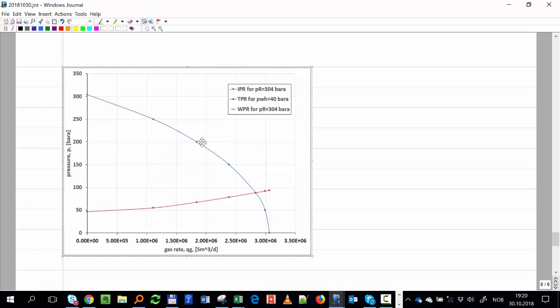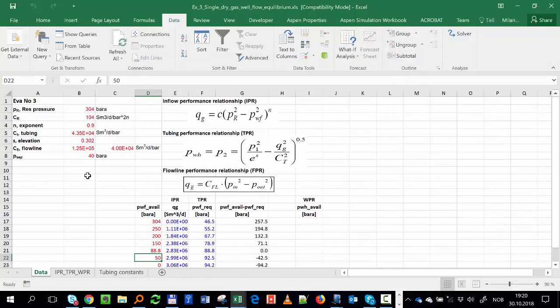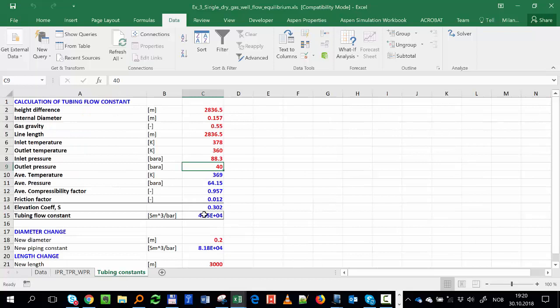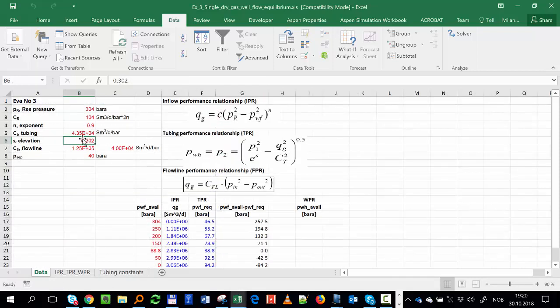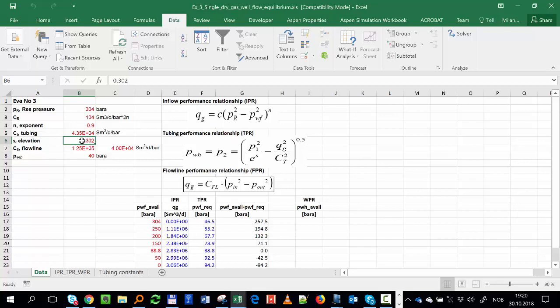You can go back to that value that you changed. Which value? I changed the S and the CT, according to the numbers that are here: CT 435 and the S 0.302. No, I changed it here. I read the numbers from here and I write them here.